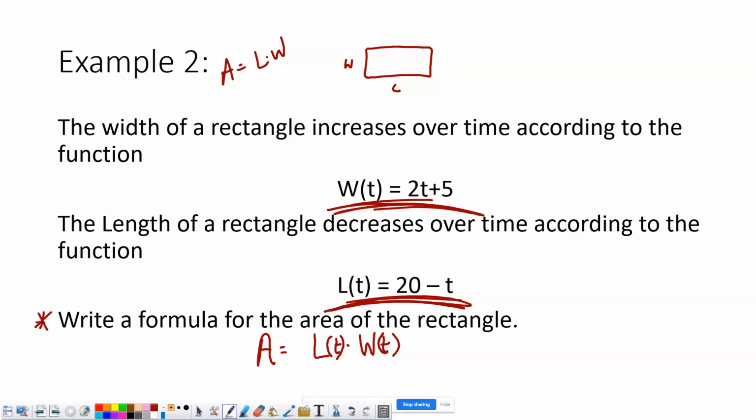So instead of just saying the area of my rectangle is L times W, I'm going to say that the area of my rectangle is L of t times W of t, which means that the area is constantly changing as well. If the length and width are constantly changing, then so is the area.